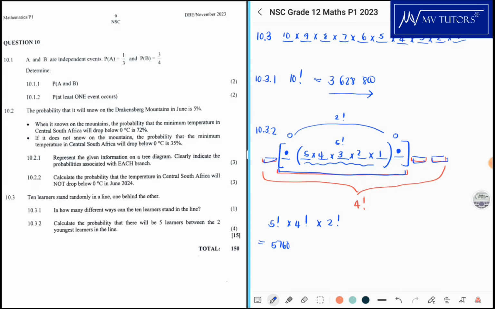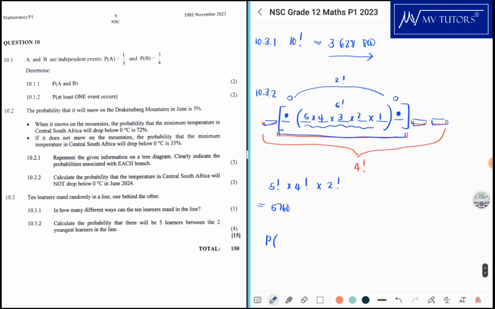Now the question was not how many possible ways can these kids sit. They said calculate the probability that there are 5 learners between the 2 youngest learners in a line. So I'm going to take that 5760 and divide it by the total, which is 3,628,800.